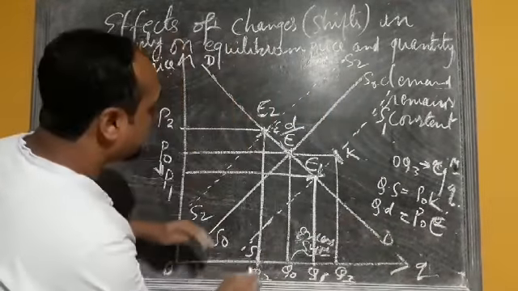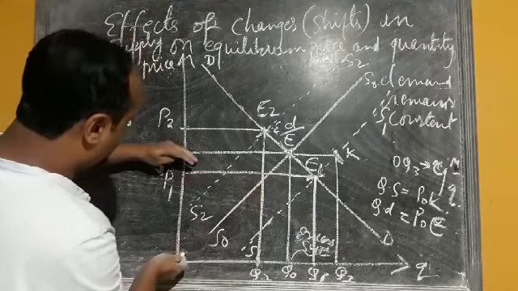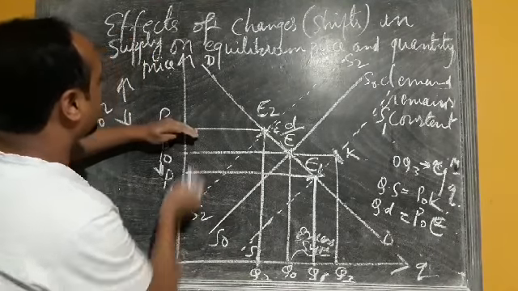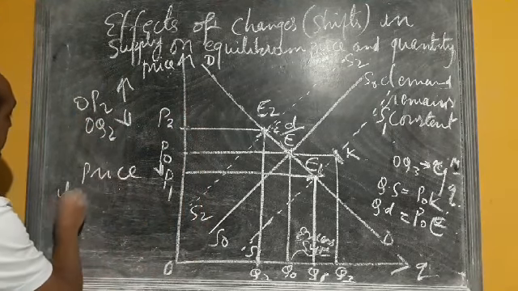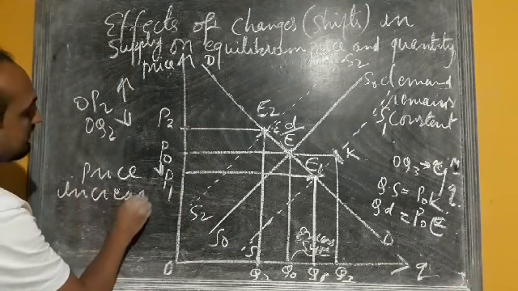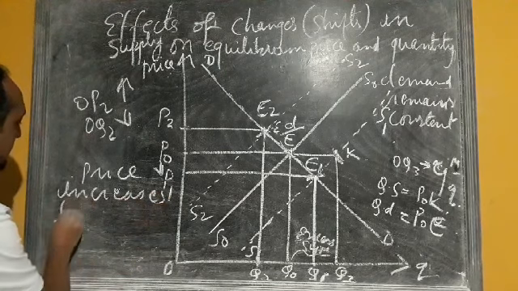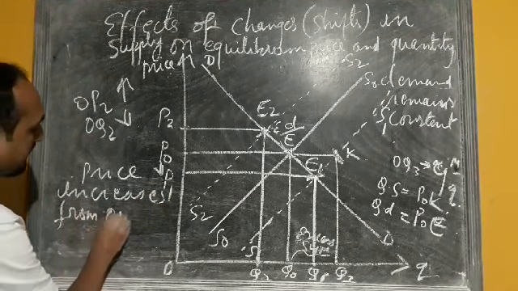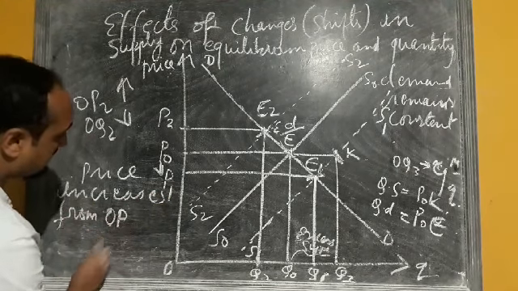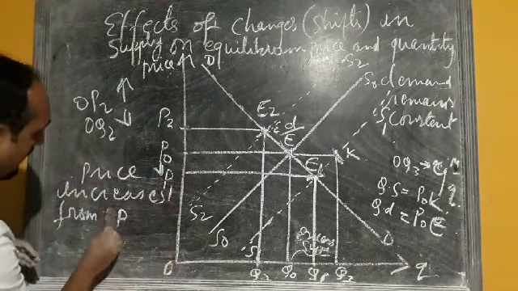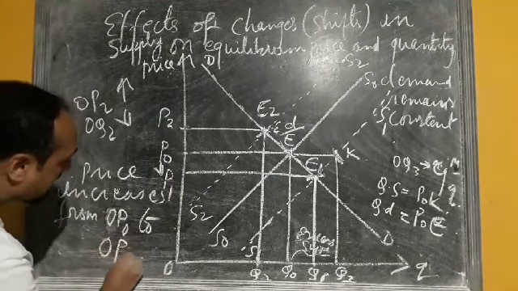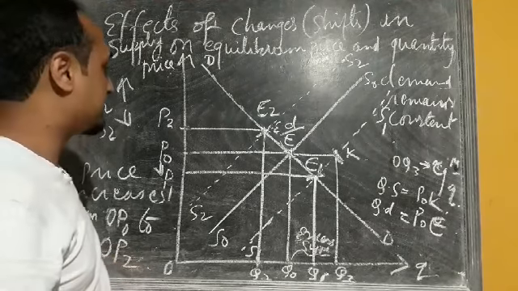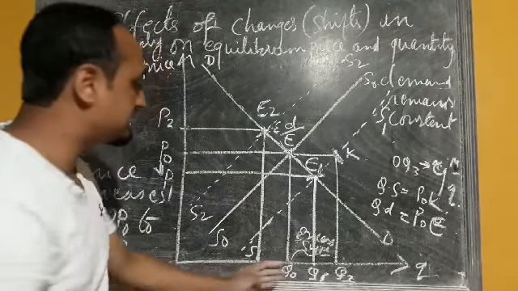So price is increasing from OP0 to OP2. Similarly, quantity is decreasing from OQ0 to OQ2.